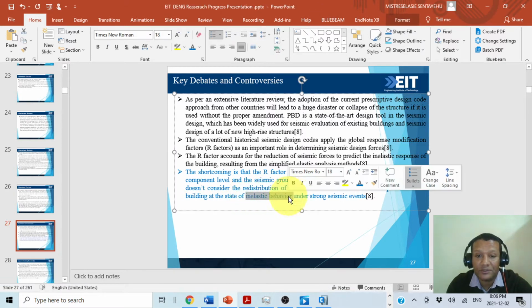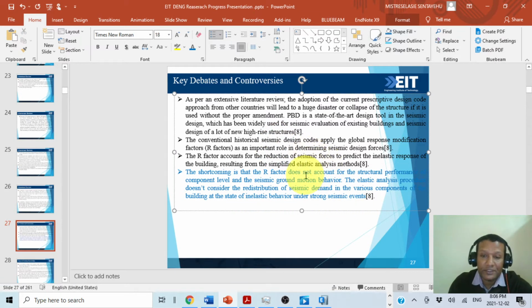This is the one, because in dynamic analysis we will check the capacity of the building at the component level. Each beam we will assign plastic hinge modeling, and we will capture the capacity of each joint, each column, each shear wall, and everything. Even on the same floor we might have different designs, because we assign fiber modeling for each floor.